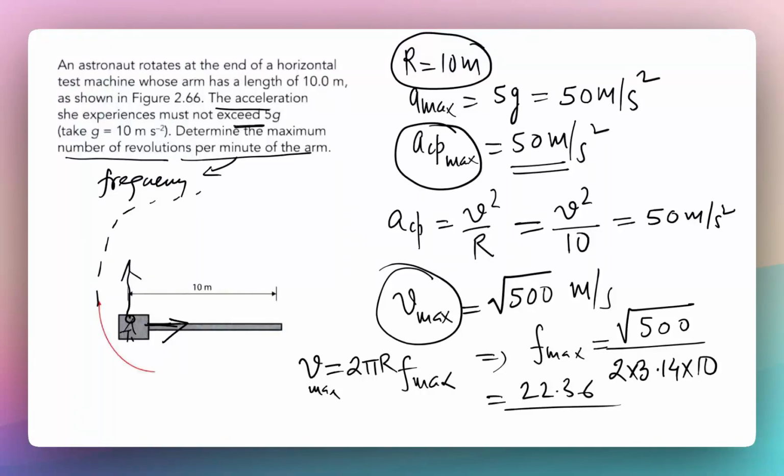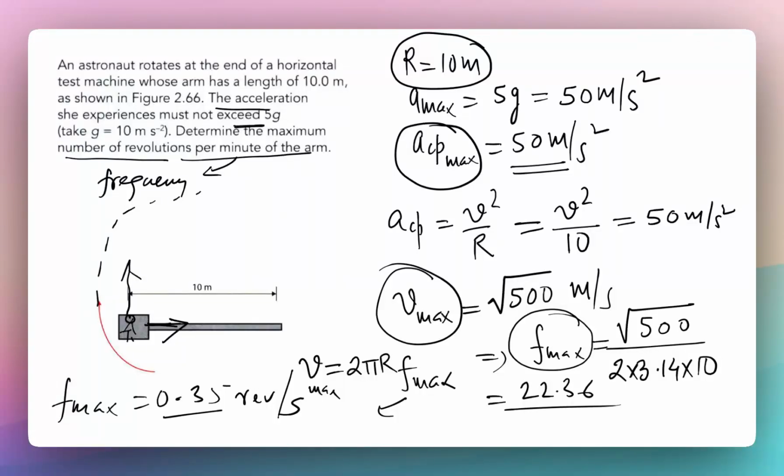Then we divide by 2, and then we again divide by 3.14, and then we again divide by 10, and then we'll get the total F max value here, right? After calculation, it will come to 0.35 revolution per second. Yeah, remember that all the units we have used are SI units. The F which we are going to get is 0.35 rev per second.